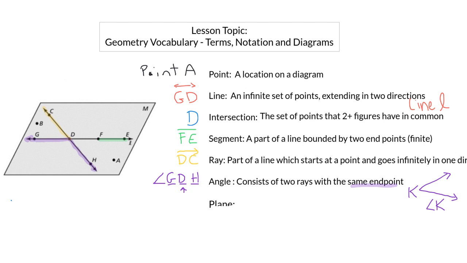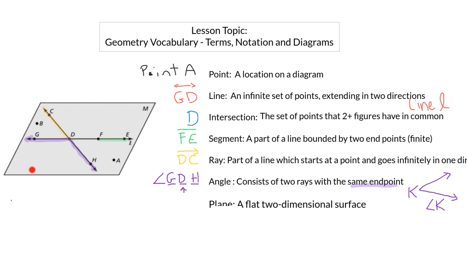All right. Now, all of these images or figures that we just went over are all on this diagram that is a diagram of a plane with some points, lines, rays, and segments on it, right? So a plane is a flat two-dimensional surface. Typically, we use a parallelogram, though it doesn't have to be. It could be a square or rectangle.